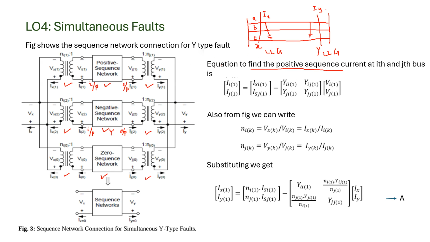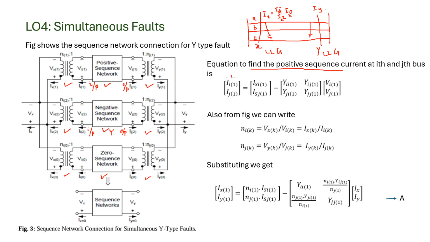Now first we have to get Ix, what is its positive sequence component I1, then negative sequence and then zero sequence. These are all at location X. So at the input, at the first fault point, that is at X, we are getting these positive sequence currents.